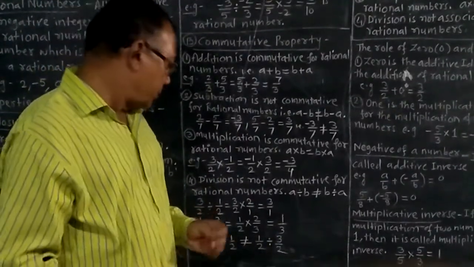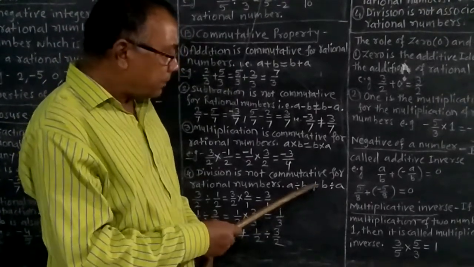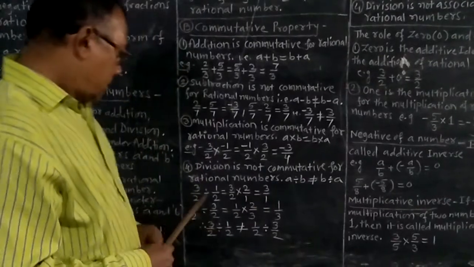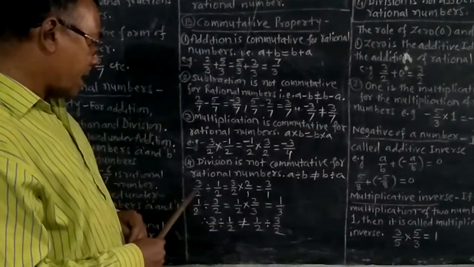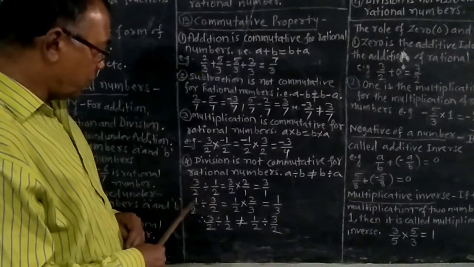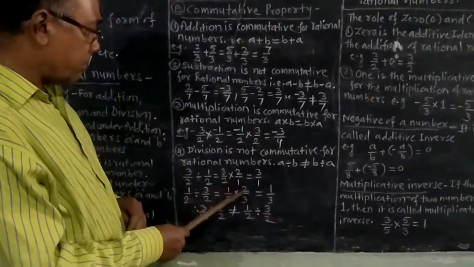Now fourth, we have to see whether division is commutative or not. Division is not commutative for rational numbers, that is a divided by b is not equal to b divided by a. Here we will see one example, that is 3 upon 2 divided by 1 upon 2. Here a is 3 upon 2, b is 1 upon 2, and division means multiplication by inverse.